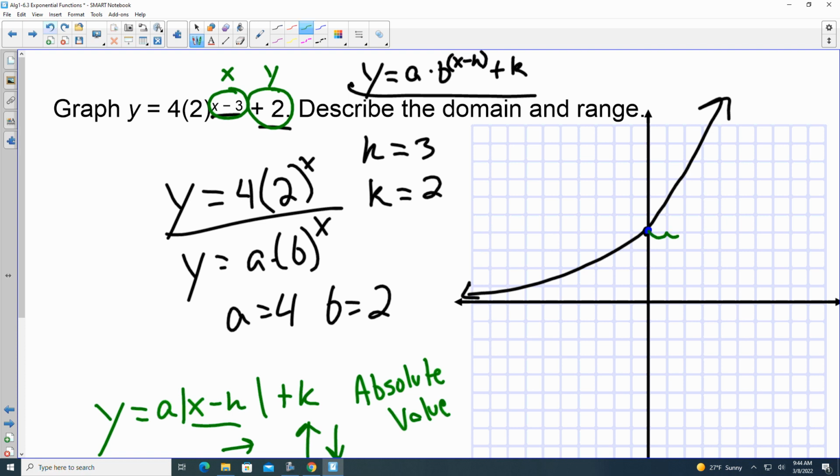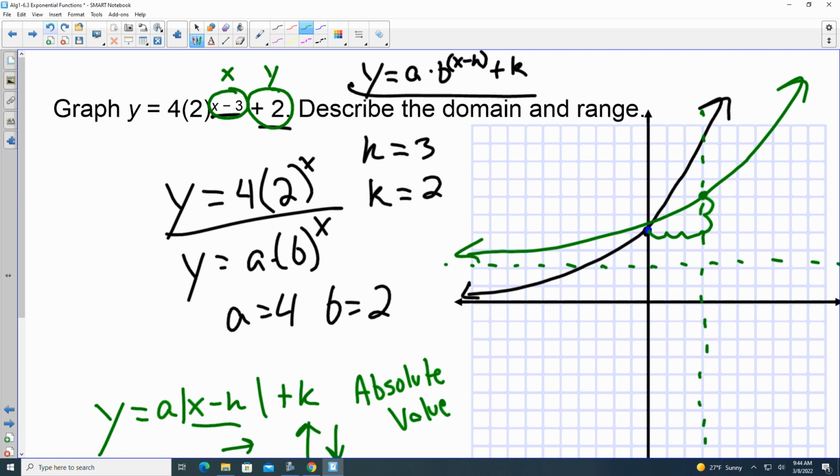It's 3 to the right, and it's 2 up. So this is my new y-axis, and this is my new x-axis, and so my graph would look something kind of like this. My apologies, I did it wrong. Glad I can make the fix now, but yeah, that's what it is.